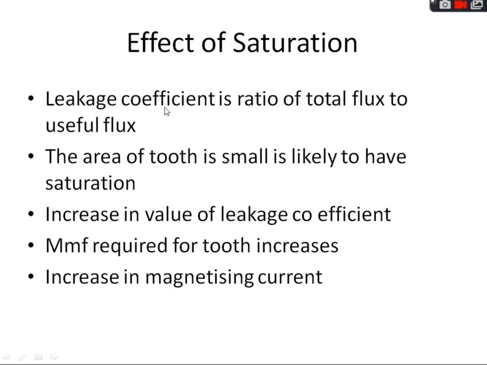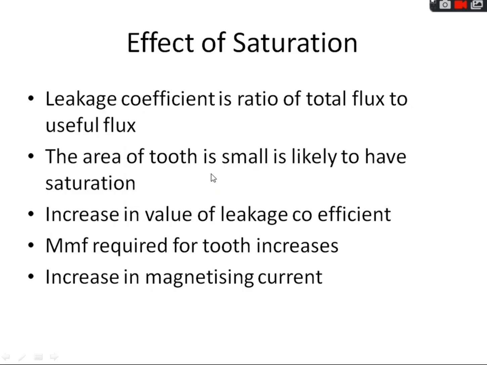The leakage coefficient is nothing but the ratio of total flux to the useful flux. If the area of a tooth is small, it is likely to saturate. So if the thickness of the tooth which we take at 1/3 the distance is very small, then it is most likely that saturation will occur at that point.